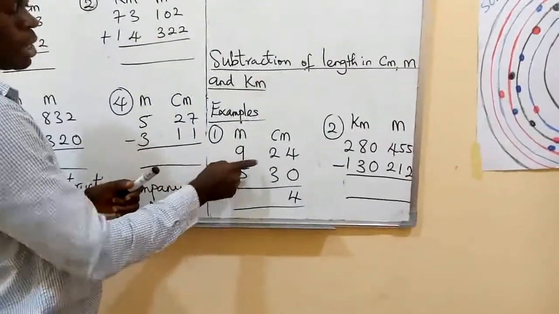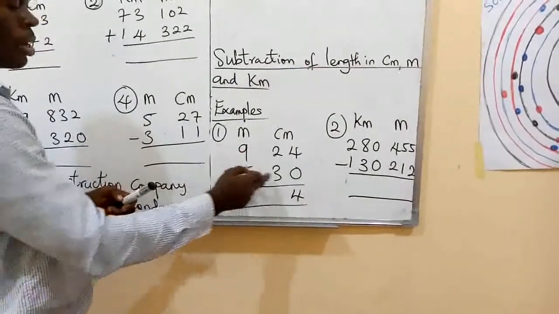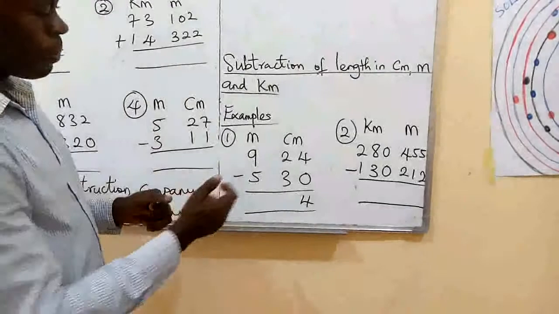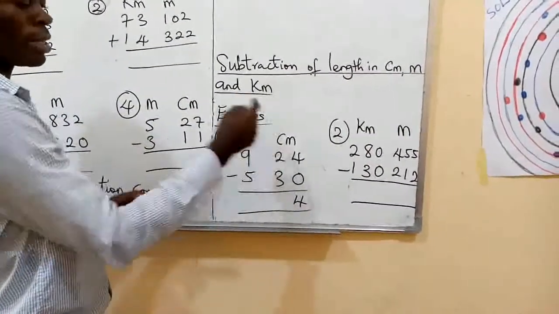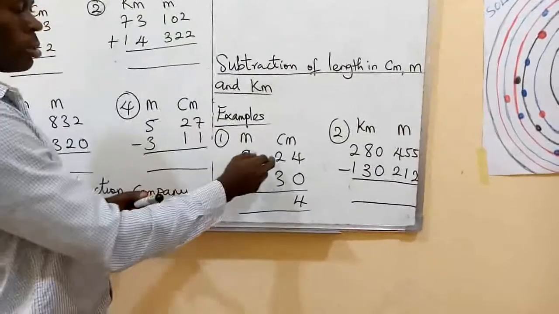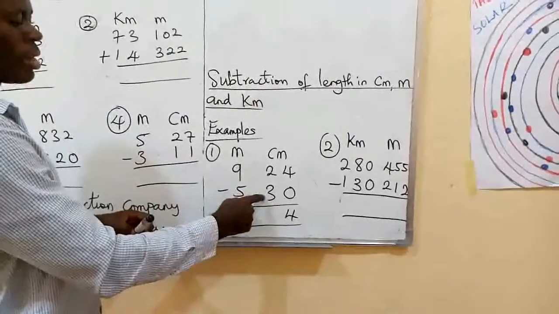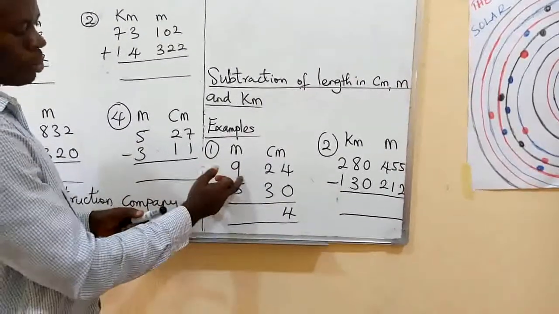So next we have 2 minus 3. 2, take away 3. Is that possible? No. It's not possible to take away a bigger number from a lesser number. 2 is less than 3, so you can't take away 3 from 2. So what do we do here? We borrow.